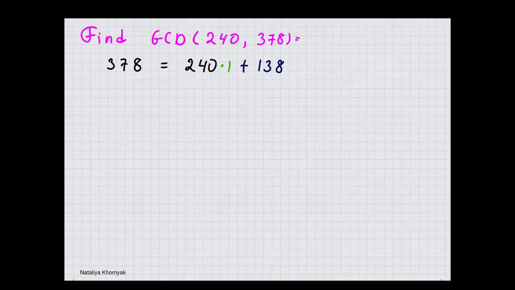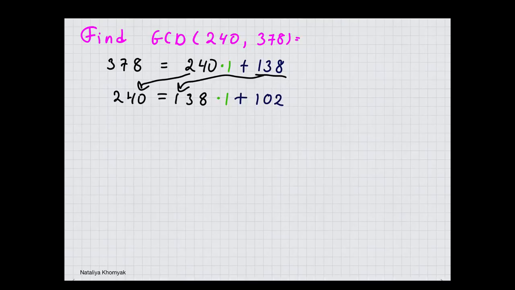The next thing to do is to copy the equal sign. We drop the first number, then we rewrite the smaller number, which is 240, in terms of the remainder. So we have 138. 138 goes into 240 one whole time. 240 minus 138 times 1, the remainder is 102.